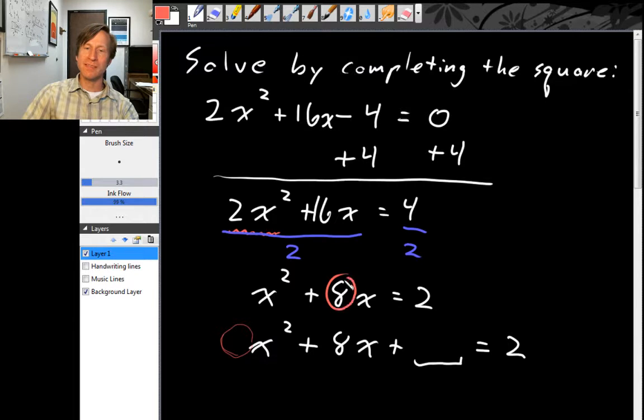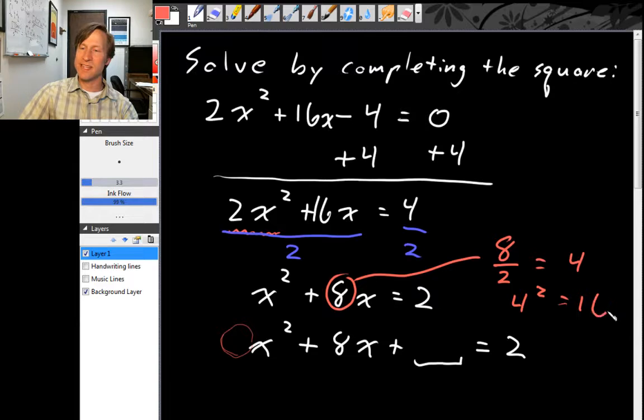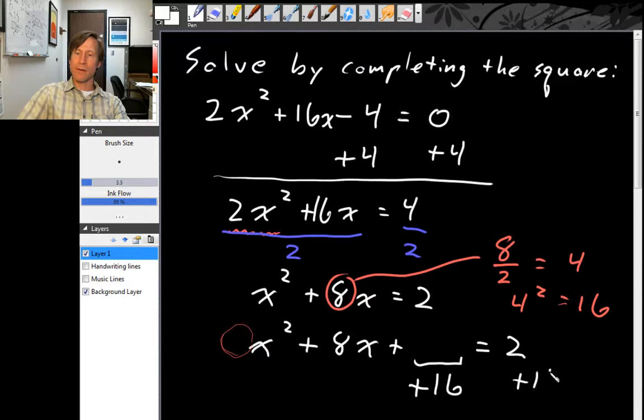Okay, so the recipe is you take the coefficient on the x term, right? That's 8. You divide that by 2, so that's going to give us a 4. And then you take that and you square it, so that's 16. So on both sides of the equation, we're going to add 16, since that's the missing part of the square.